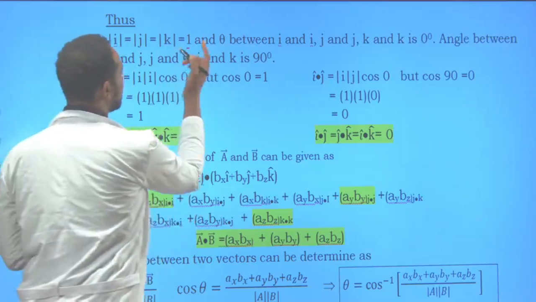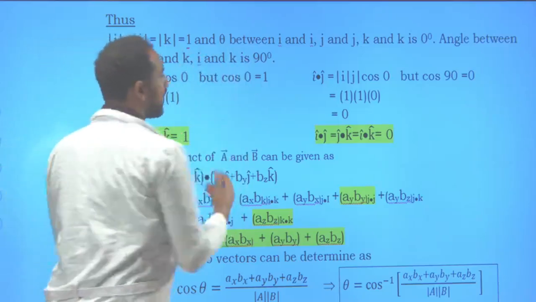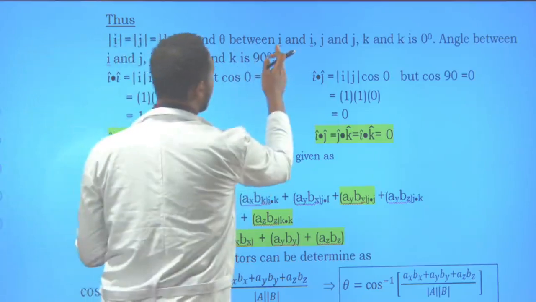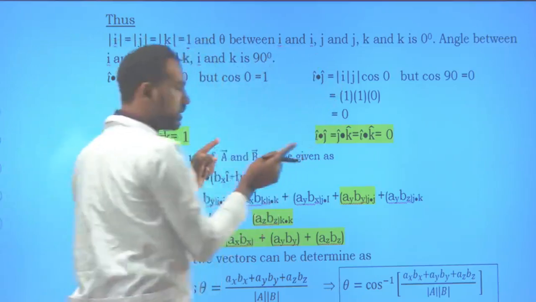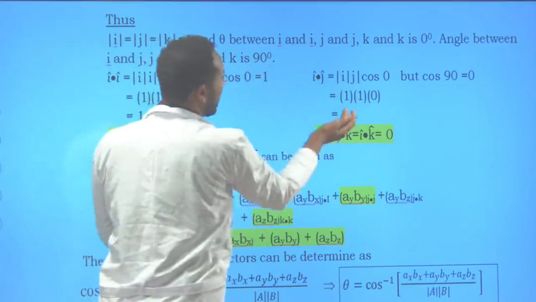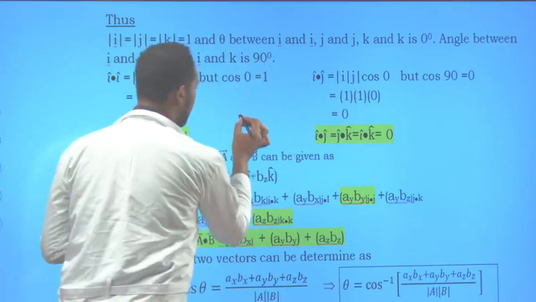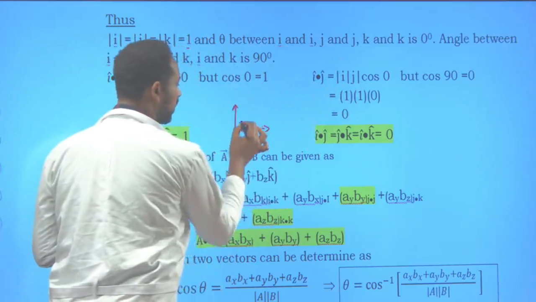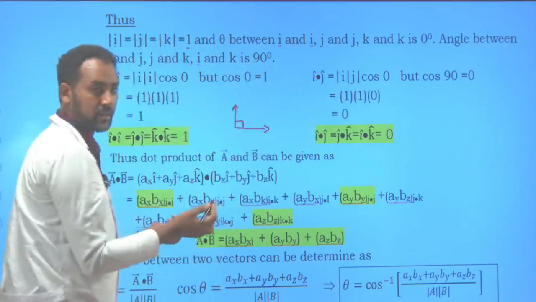Theta is the angle between each pair. For example, the angle between i and i is 0, since they act along the same direction. The angle between i and j is 90 degrees, since i acts along the x-axis and j acts along the y-axis.